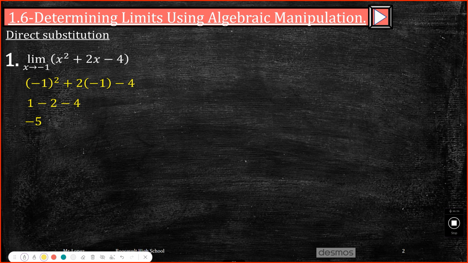Pretty easy if you know the order of operations, you know your negatives and positives. This is another quadratic equation. It is continuous everywhere, so you can just plug it in. Just plug it in.